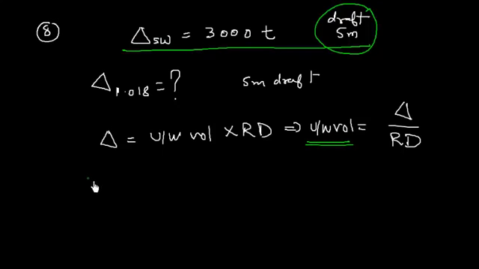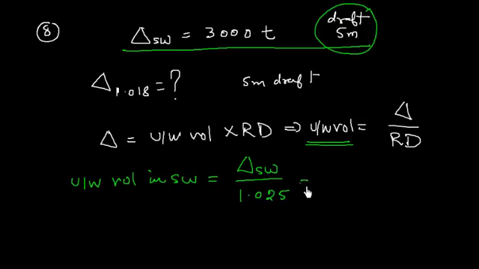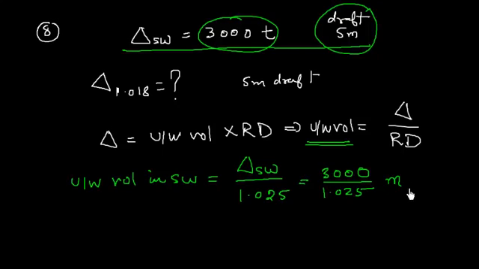So let us find the underwater volume in salt water, which is equal to displacement in salt water divided by salt water relative density, which is 1.025. So displacement in salt water is given, 3000 ton, divided by 1.025, and that I can write in cubic meter. No need to do anything.